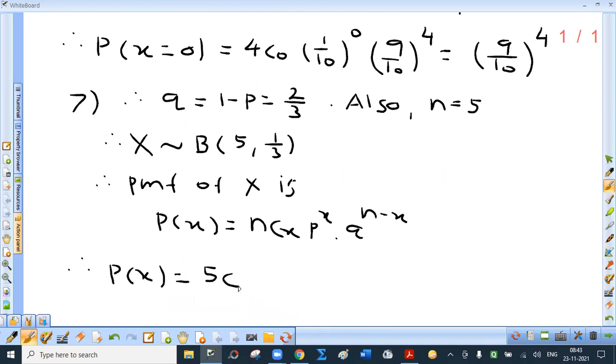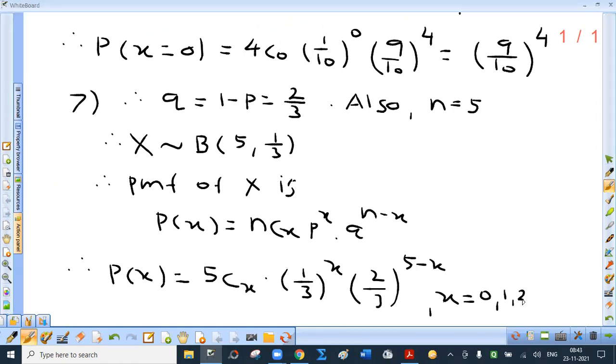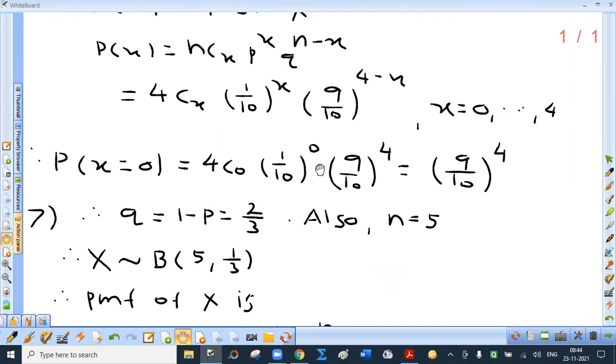So P of X equal to 5CX 1 upon 3 raised to X into 2 upon 3 raised to 5 minus X. Now, X can assume values 0, 1, 2, 3, 4, 5. Okay, just a minute. Let me check. Yes, correct.